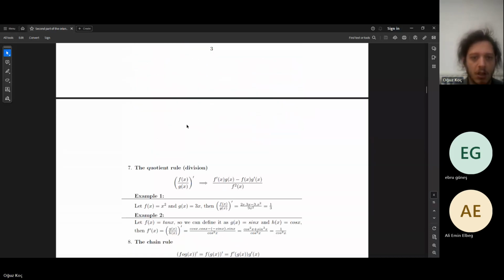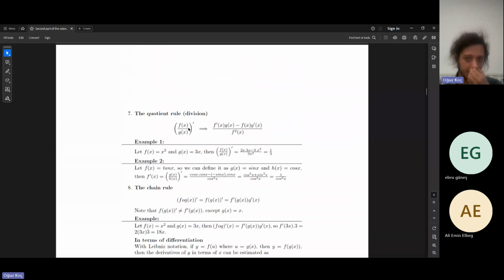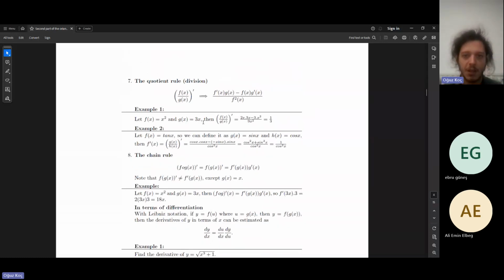And we have the quotient rule for the division of two functions.